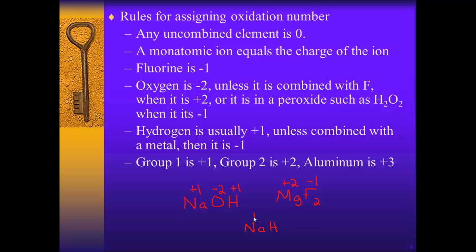Well, we know sodium is a +1. We're going to see a rule in just a second that will let us solve this. So we're going to come back to that, but knowing that sodium is what it is, we're able to identify that the hydrogen has to be -1 in this case, as one of those exceptions.